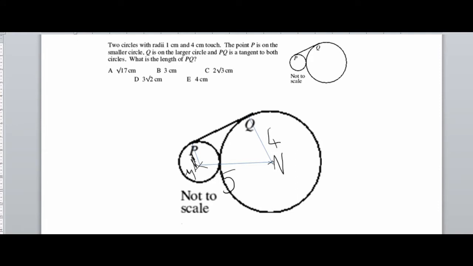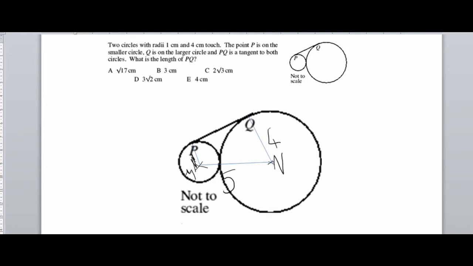Okay, so because this is from the UKMT maths challenges, a lot of the time it's a good idea to try and create right angles and then apply Pythagoras' theorem to find missing lengths.